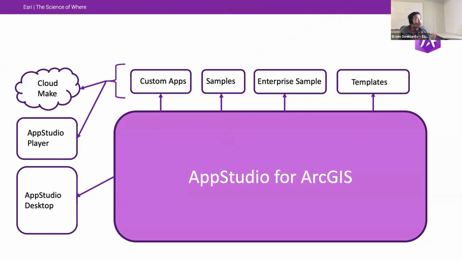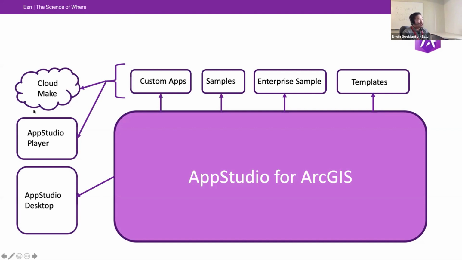So the AppStudio for ArcGIS we use to create custom apps. We use it to create a sample. We have the enterprise sample. We even have our own templates, and the way we access this App Studio for ArcGIS is by using the App Studio desktop, which all of you have installed and tried to use.